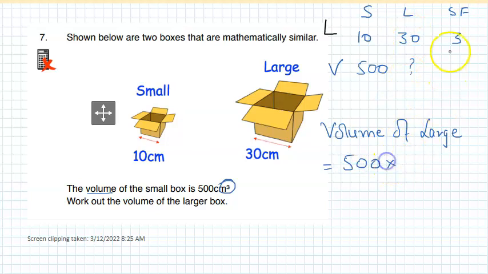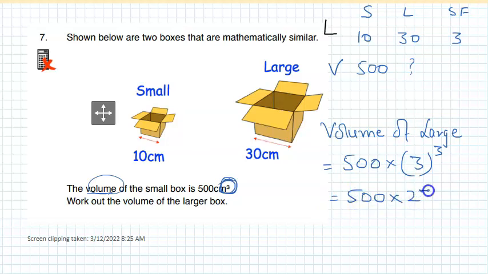Our scaling factor is 3, and since it's a cube, we do the cube of 3. So that is going to be 500 multiplied by 27.